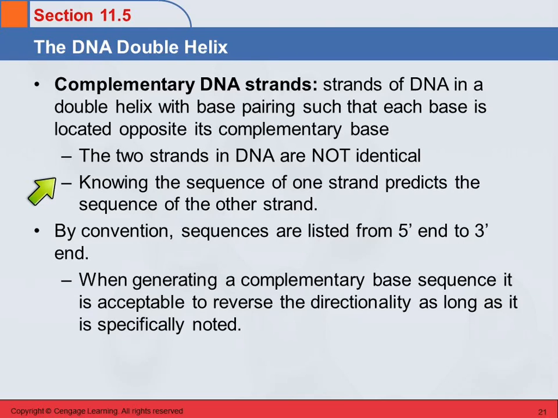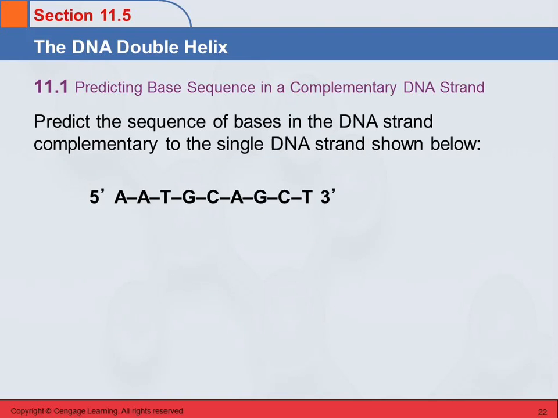If we know the sequence of one strand, we can predict the sequence of the other strand because we know what it will pair up with. By convention, we always list them from 5' to 3' end. But when you're generating a complementary sequence, it is okay to reverse the directionality as long as you specify it. So let's look at this example.